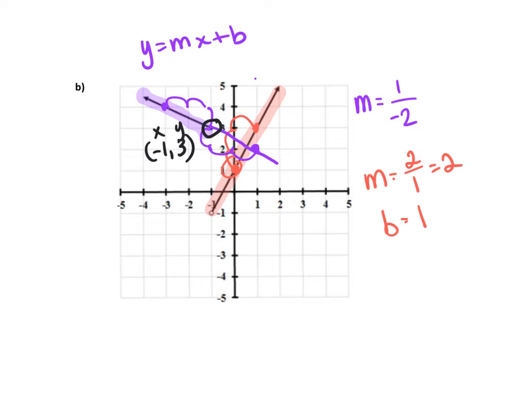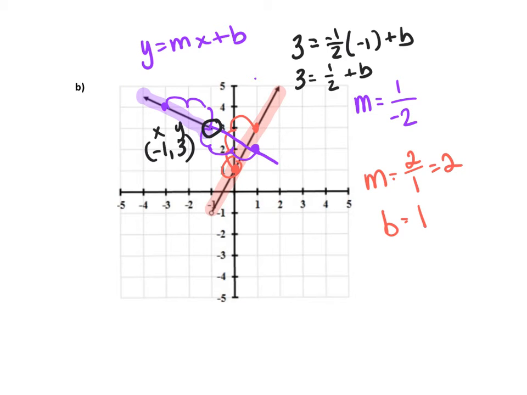So to do that, we get 3 is equal to m, which is -1/2, times x, which is -1, plus b. Calculating this, we get 3 equals -1/2 times -1 is +1/2, plus b.